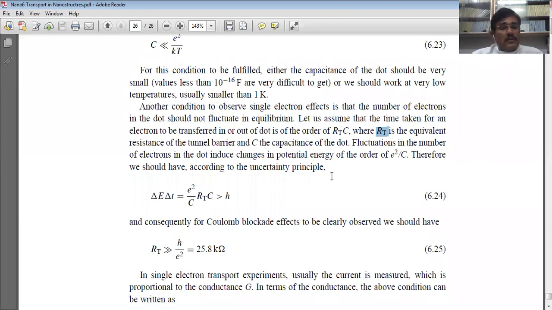Now, in this condition, we want to observe this phenomenon with a single electron, or at a time when multiple electrons are fluctuating. Right now, a fluctuation in the number of electrons in the dot induces a change in energy potential.